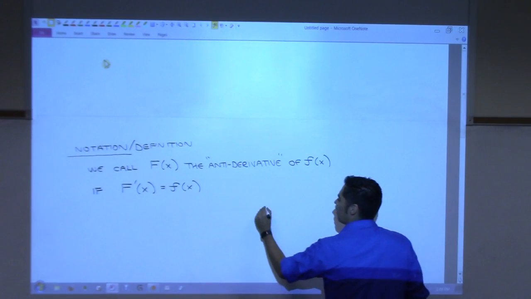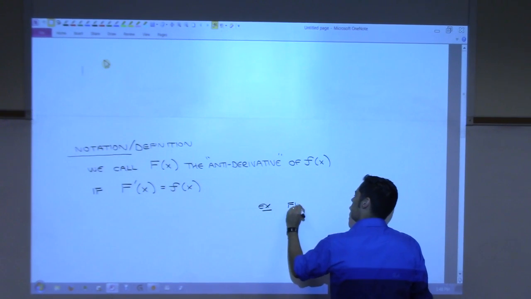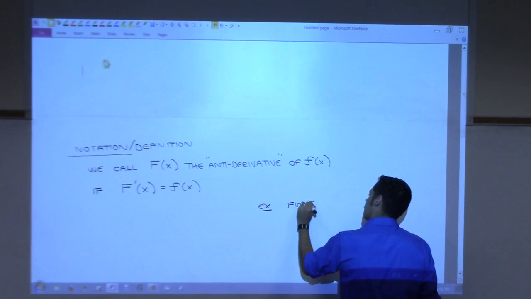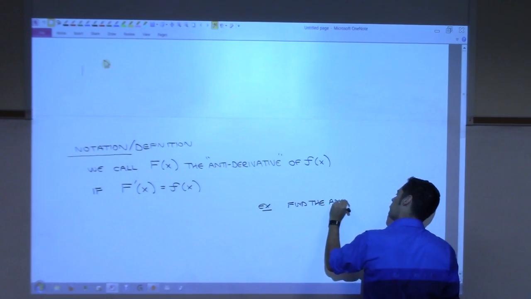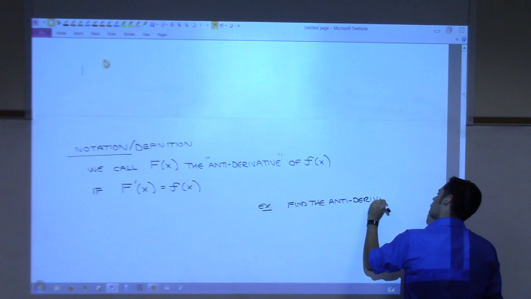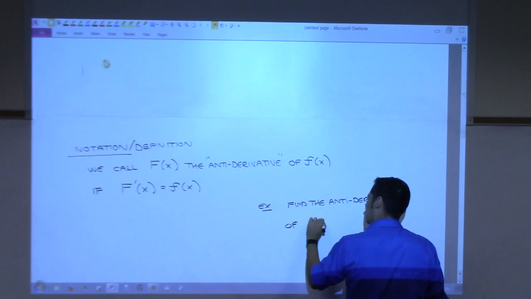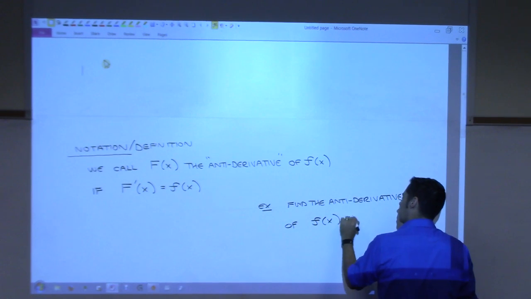I'm going to give you an example here. Find the antiderivative of f of x equals 2x.